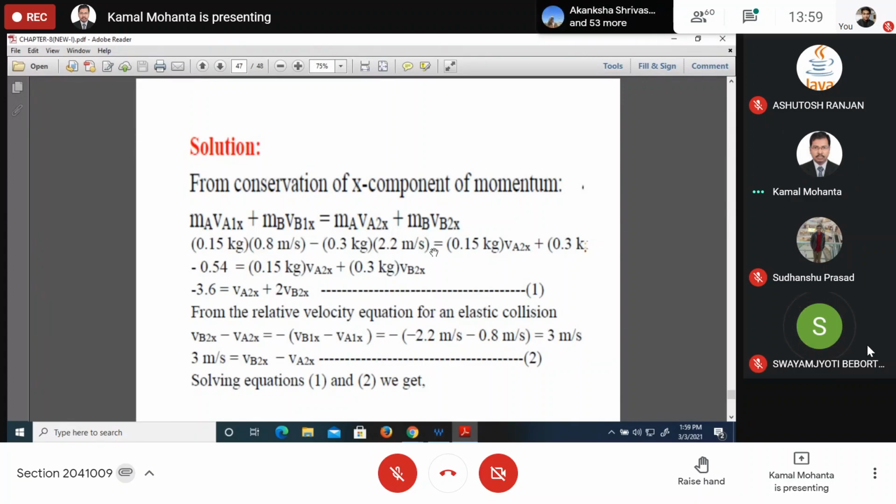Those who have not done, just write down. Just consider momentum conservation, put in the values, and you will get two equations. Solve these two equations and you will get the values.